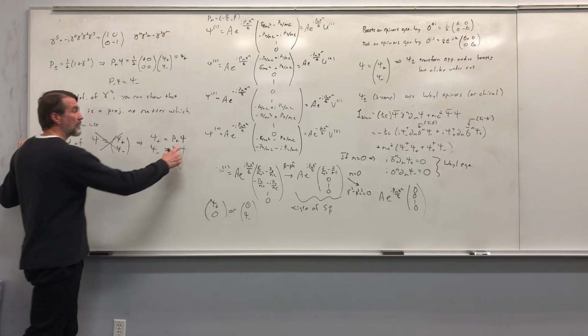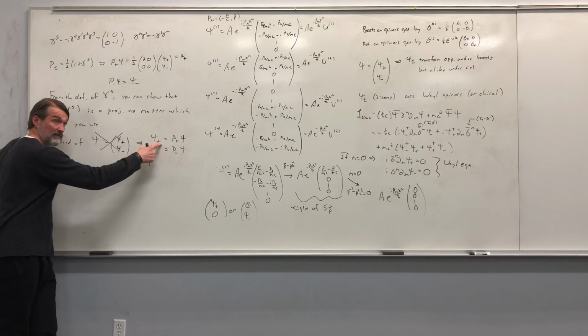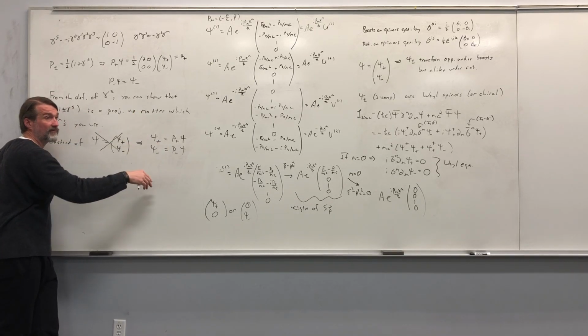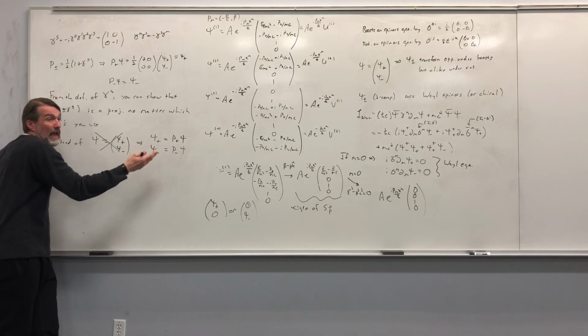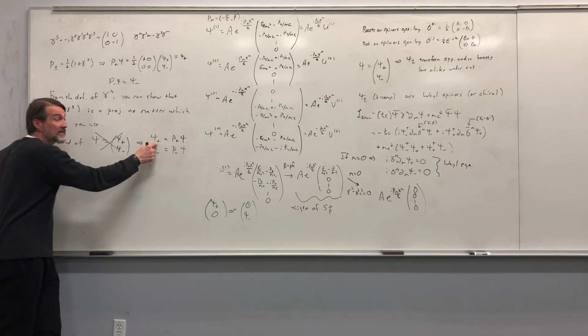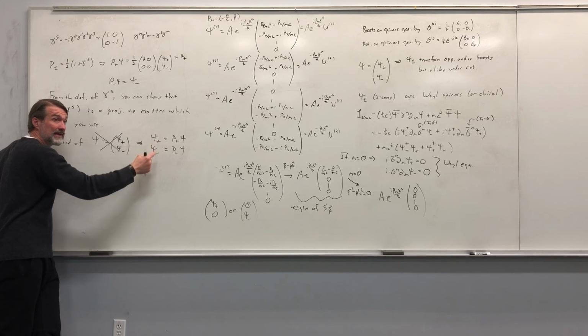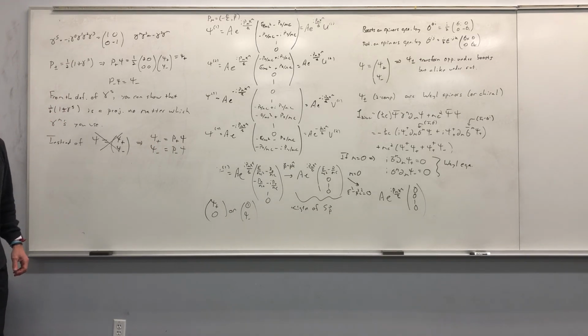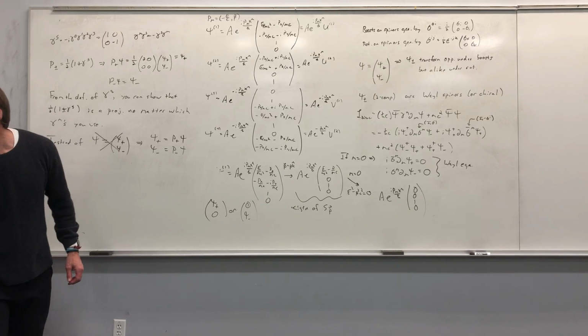So it might turn out that this is not the upper two components. It might be the first component, the fourth component, the first and the third. I don't know, it doesn't matter. This is going to be a positive chirality state. This is going to be a negative chirality state. All right. Let's see.